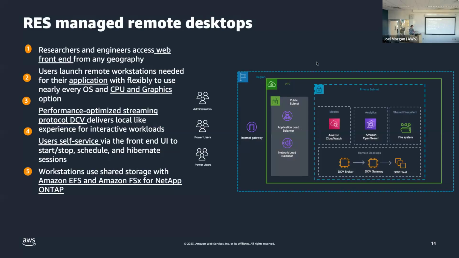NICE DCV is a desktop streaming protocol that is super lightweight. We acquired a company many years ago. Their whole thing was they made a product that did remote desktops for supercomputers for data visualization and supercomputer cluster management. We acquired them many years ago, and we've been iterating on it ever since.